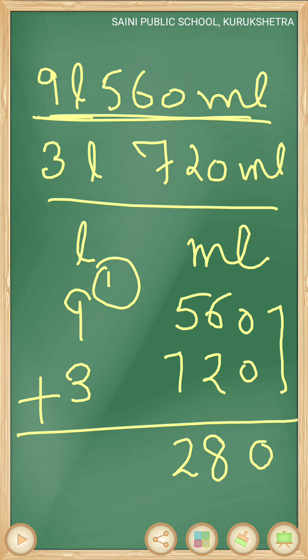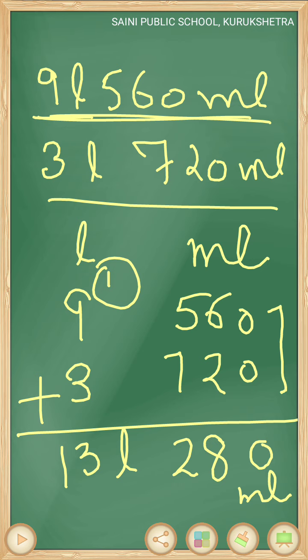So we will write 2 here and 1 will shift to the next place, that is the liter place. 9 plus 3, 12. 12 plus 1, 13. So here 13 liter and 280 milliliter. In this way we can do addition of capacity.